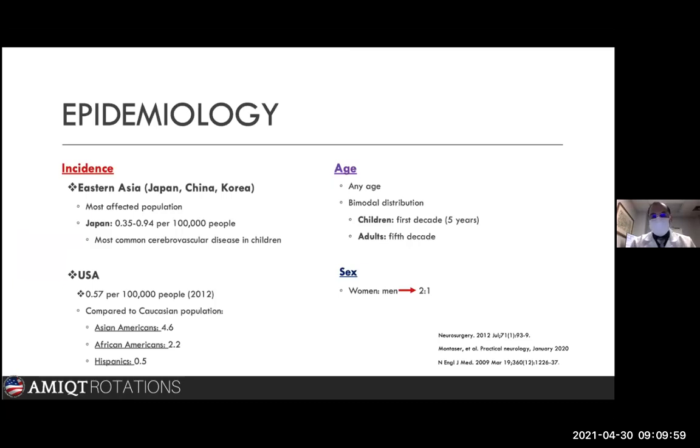In the United States, one of the most recent studies has estimated the incidence at 0.57 cases per 100,000 people. And it has been observed that Asian Americans and African Americans have a higher frequency compared to the white or Caucasian population.